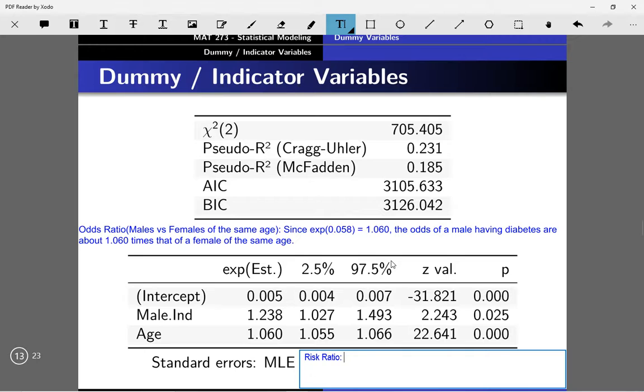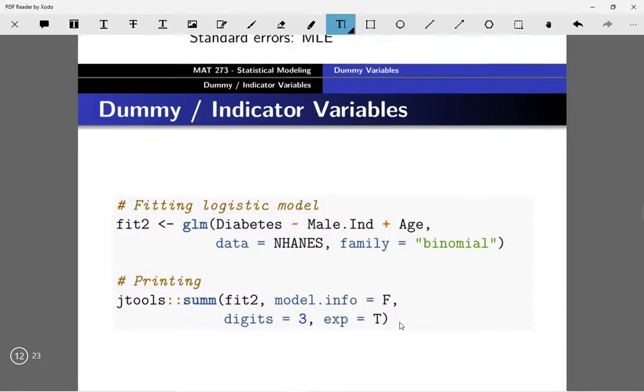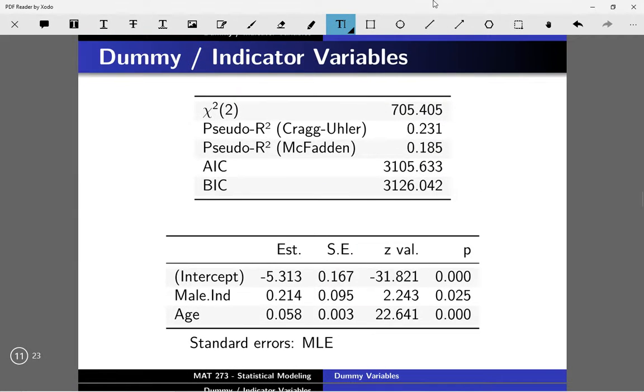Okay. So here, what we're going to do is first get the probability of diabetes for a male who's, say, age 0. Actually, I'm going to go back up. We're going to interpret it on this slide. It's a little bit easier to get on this slide with the non-exponentiated estimates.